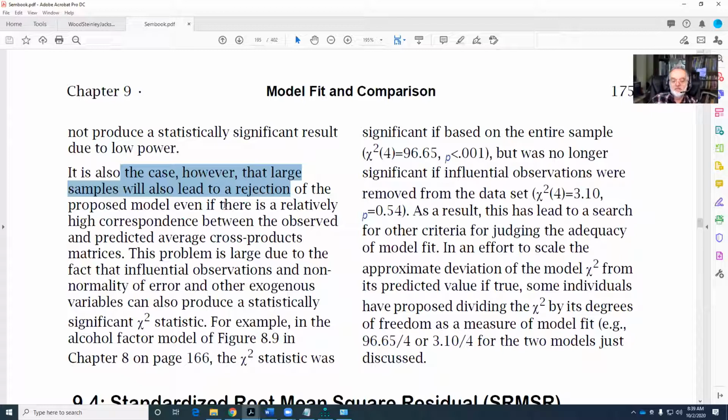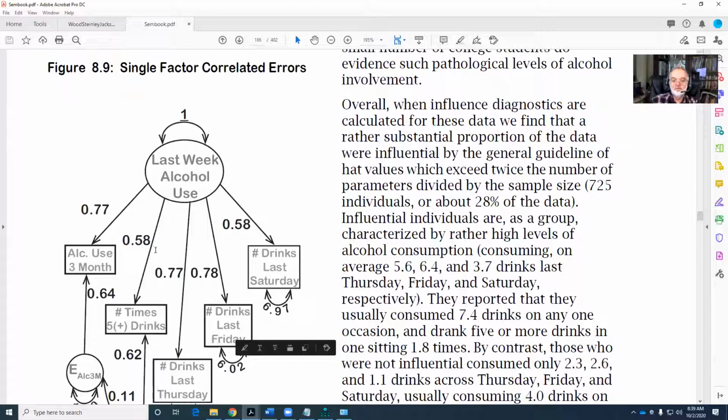So for example, what we had talked about earlier on this model, that has a significant chi-square, but that's not an indication that the model's bad. It's an indication that something else about this model isn't quite right. We said there are influential observations or maybe a nonlinear relationship.